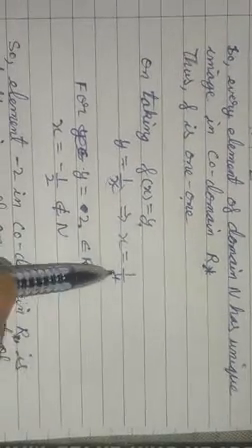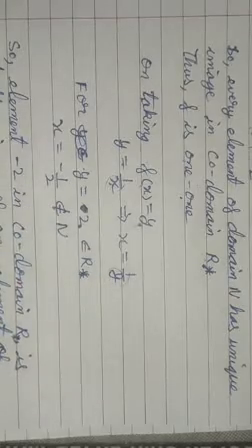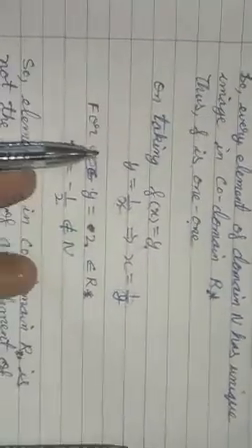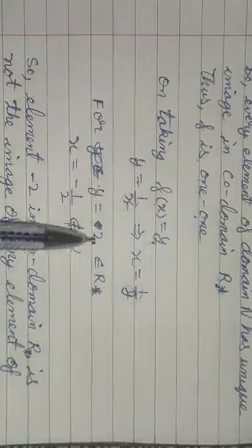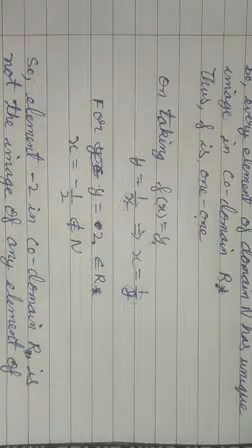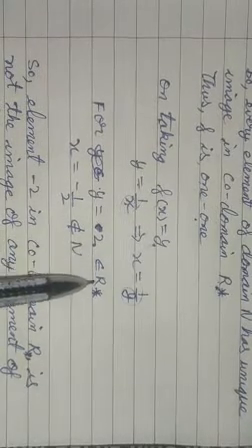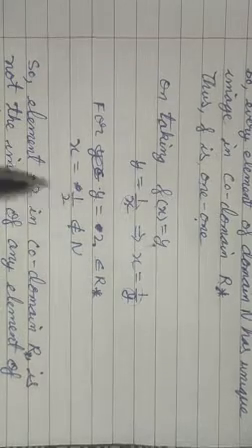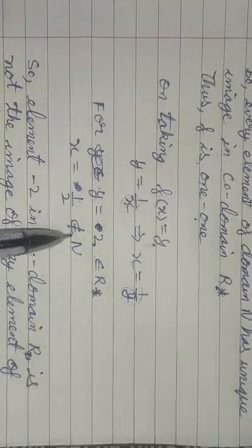Now here y was a real number. Here y means the value of f(x), and the value of f(x) is this 1 upon x, and this is a real number. Now if y is a real number, suppose 2 is a real number, then 2 belongs to the real numbers, so x will be 1 upon 2, and 1 upon 2 is not a natural number.